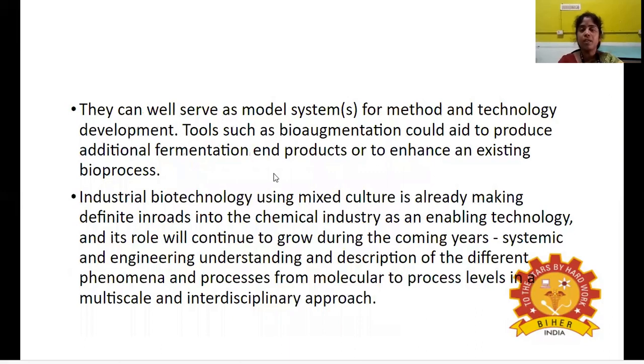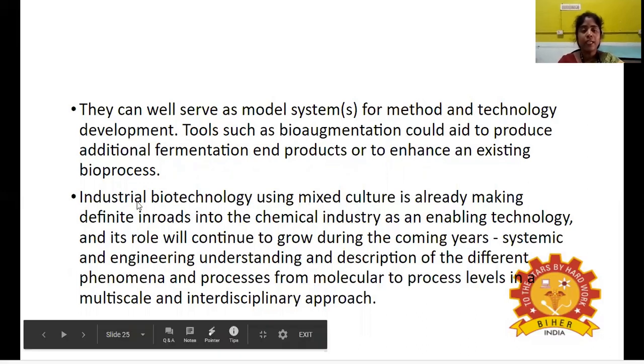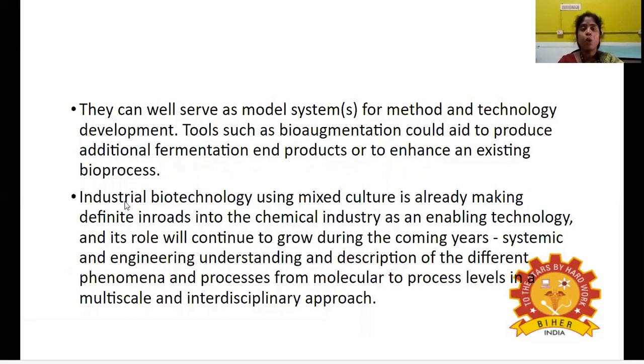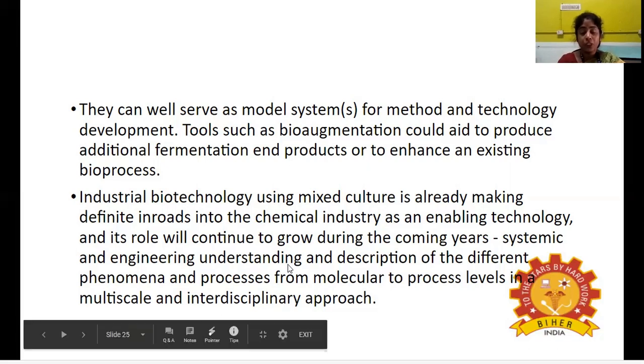This can be used as a model system for studying the molecular tools that have been developed, so that bioaugmentation can produce additional fermentation, so that the product can be produced or your existing bioprocess enhanced. So industrial biotechnology is a promising department in which organisms can be used as a mixed culture for production by the conversion of the substrate.